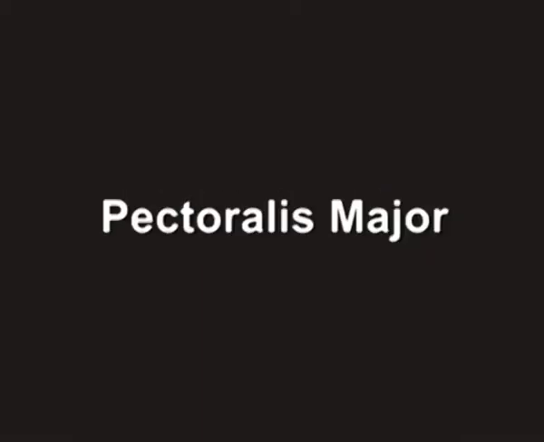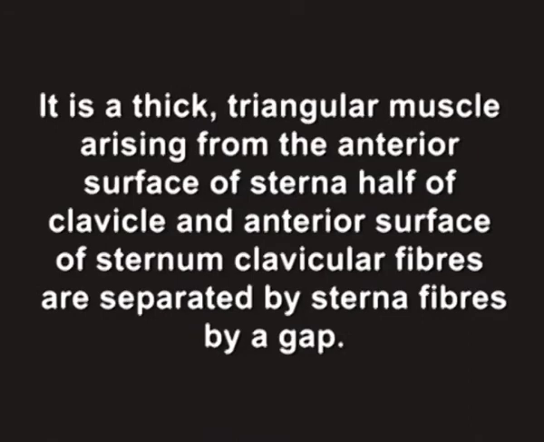Pectoralis major. It is a thick triangular muscle arising from the anterior surface of sternal half of clavicle and anterior surface of sternum. Clavicular fibers are separated from sternal fibers by a gap.